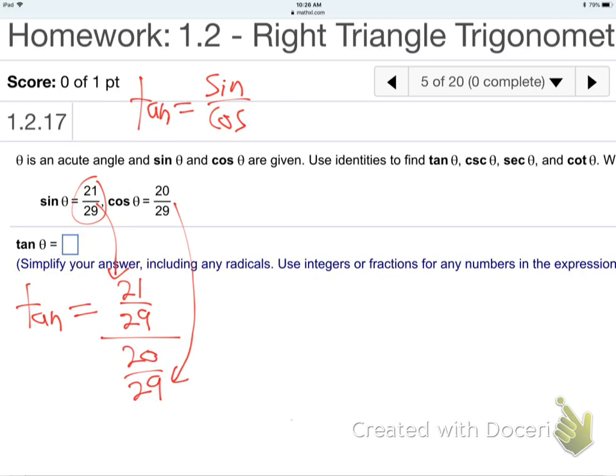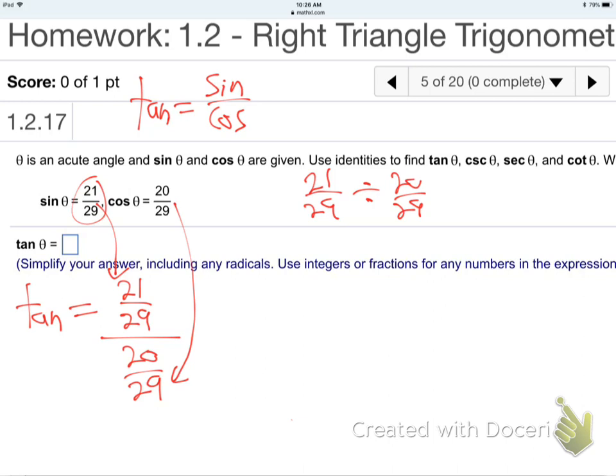Everybody good so far? Sine over cosine. Now, that's kind of ugly looking. How do you deal with a fraction over a fraction like that? Call that a complex fraction. What do you do with that? You grab the one in the bottom and you flip it upside down. Why? Because that's dividing. That really means 21/29 divided by 20/29, doesn't it?